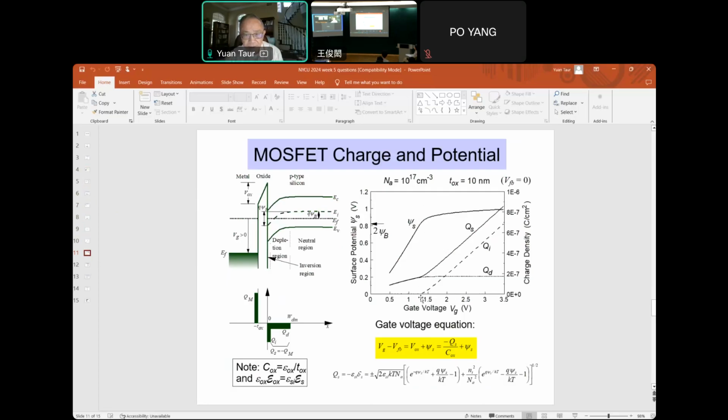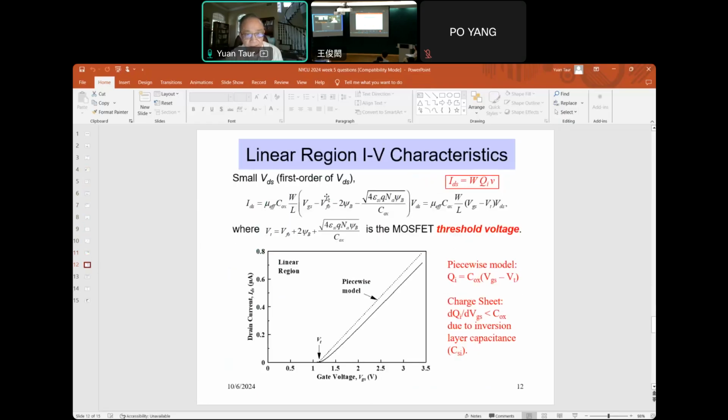We use two psi B, which is a historical choice. But it simplifies the equations because, for example, in this case, we talk about the linear region, and we have a two psi B here, and then the threshold voltage is two psi B, and I end up with this dotted line, which is a good approximation to the continuous solution shown by the solid line.